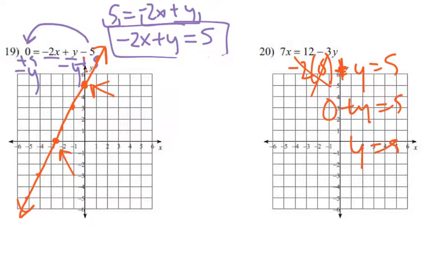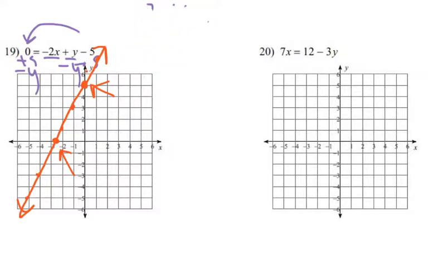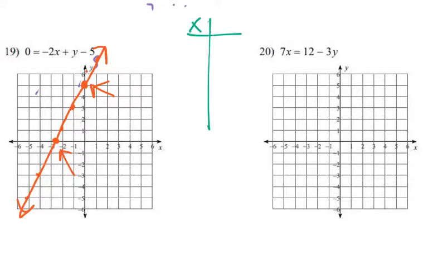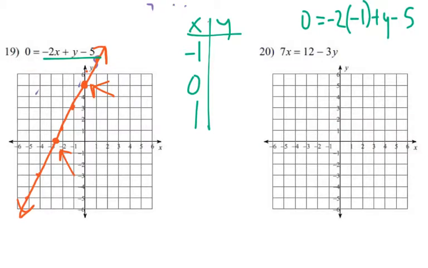Or, if you don't like manipulating that, you could have made a table of values. So on this one, I'm obviously showing you 3 ways that you could do this problem. If we did a table of values, x, y, pick some easy numbers, negative 1, 0, 1, plug them in. So we get 0 equals negative 2 times negative 1 plus y minus 5.